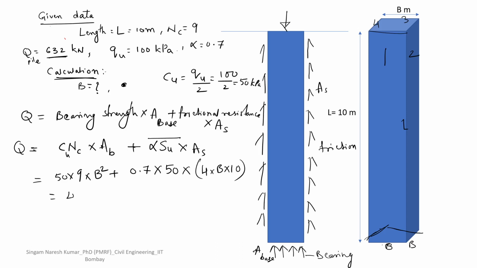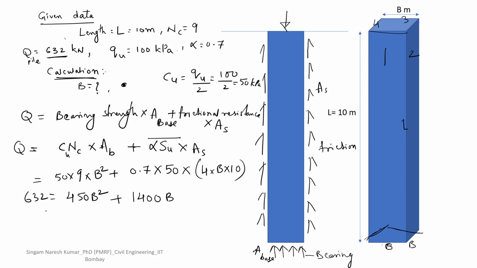Now this will be 450 B square. This Q is given 632, plus 0.7 into 50 into 4 into 10: 400 into 50, 2000 into 0.7 will be 1400, right?